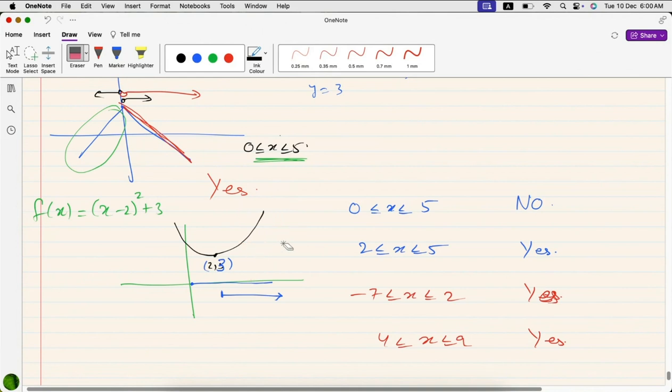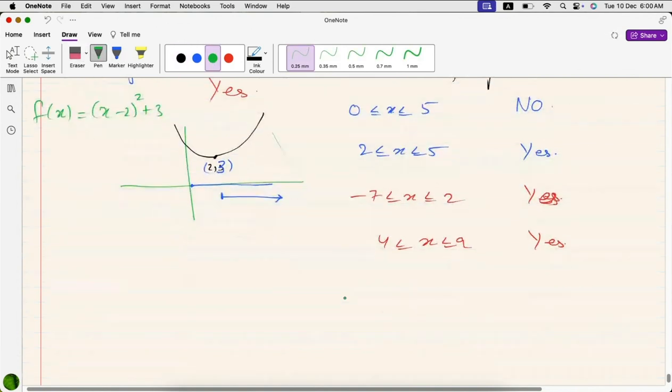So if there's no turning point, that's a yes, because it would not give us one to many. The turning point is outside the range, so that's why it has an inverse.